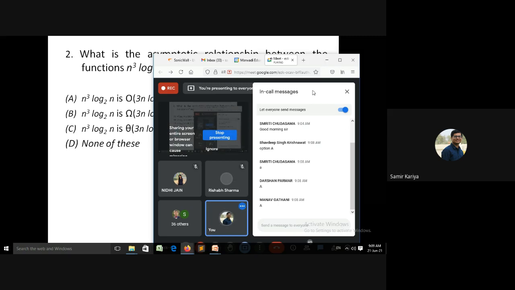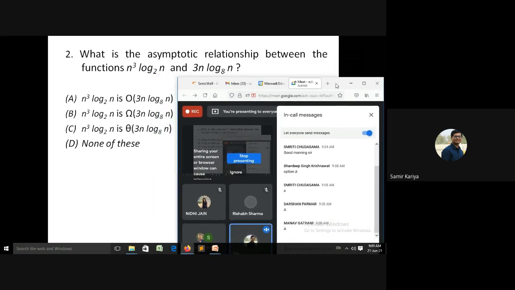A similar type of question, just the function is different here.